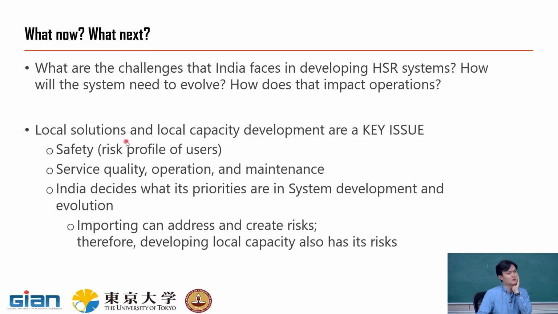Local solutions and local capacity are a key issue. Some people mention the unique risk profile of the Indian commuter. Safety is a very local problem, but it might be unique to the Indian context. So how do we maintain, improve, and constantly deliver safe services?